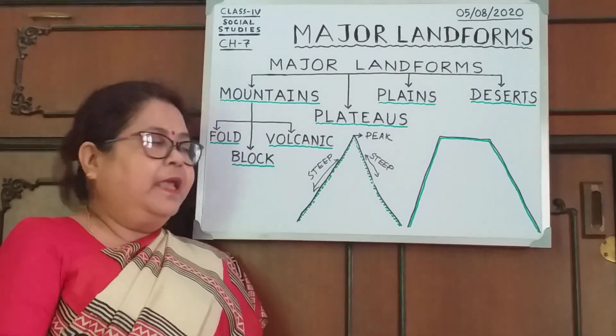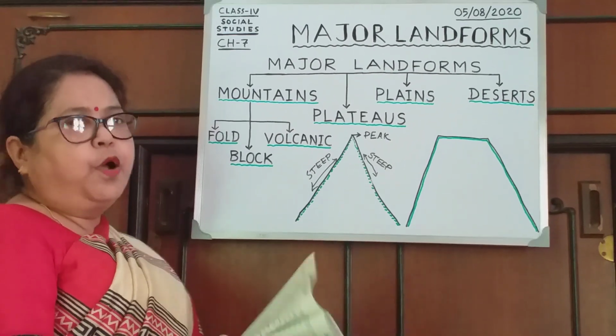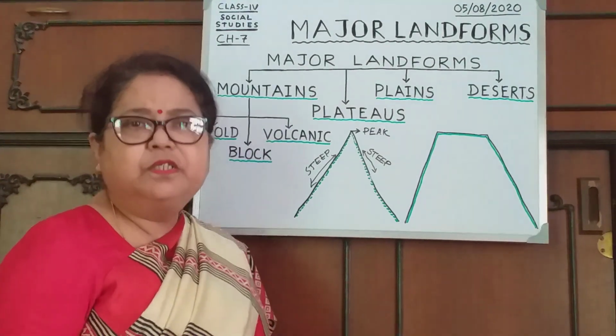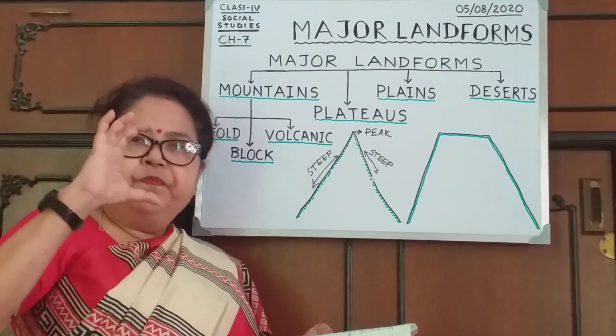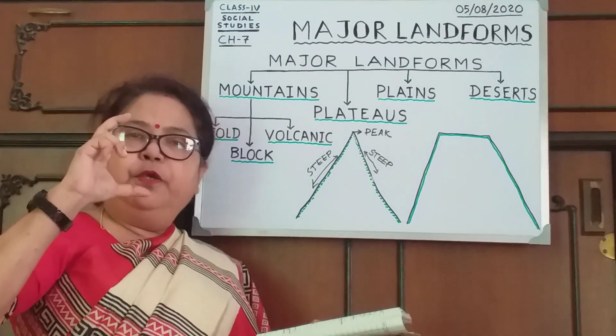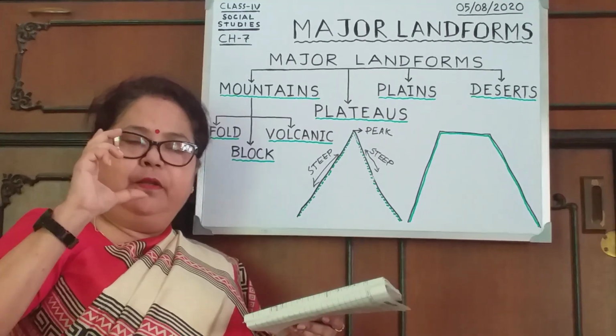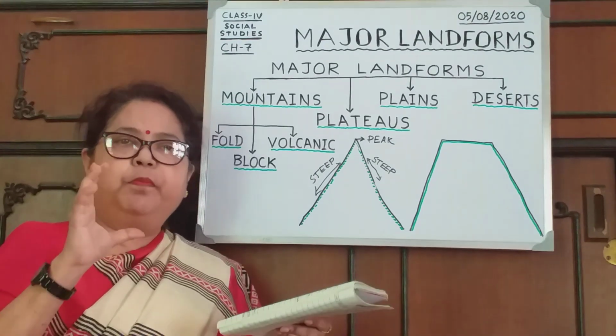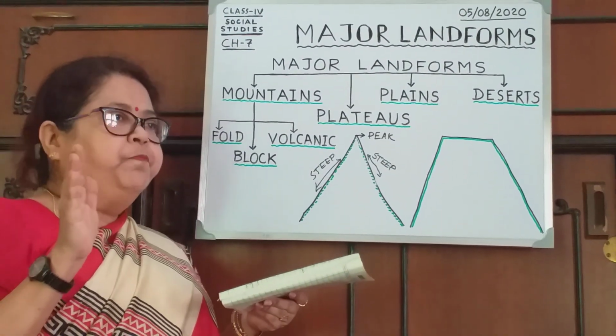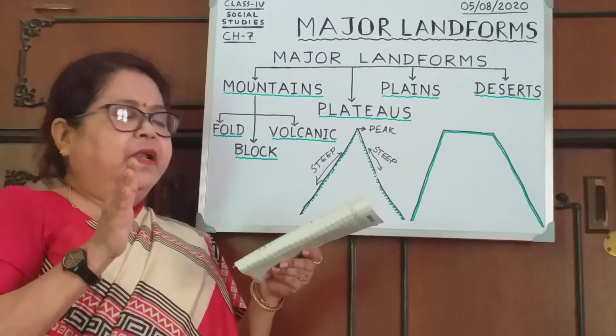Okay. Then I'll come to block mountains. Block mountains look like blocks. Some blocks you have seen, of course. Just like that the block mountains are formed. There are cracks.